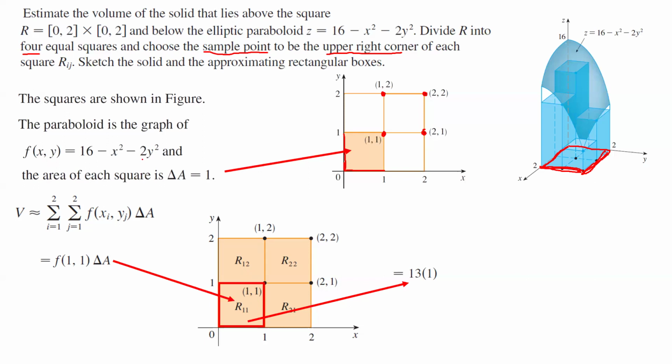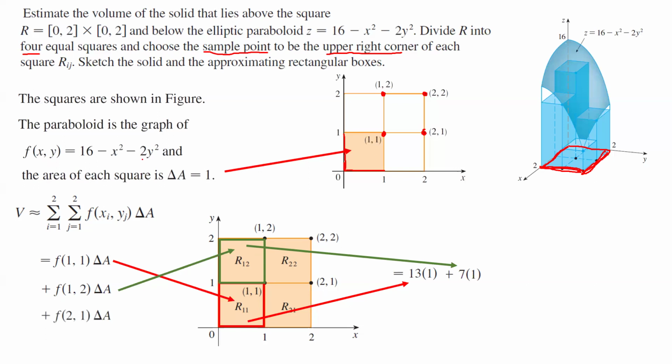Now for the second volume, we're going to calculate the height, which is f of 1 and 2 times delta A, which is basically calculating the volume over R sub 1 and 2. It is equal to 7 times 1. When you plug in 1 and 2 into the function, you get 7, and delta A is fixed. It is equal to 1. You can continue this process.